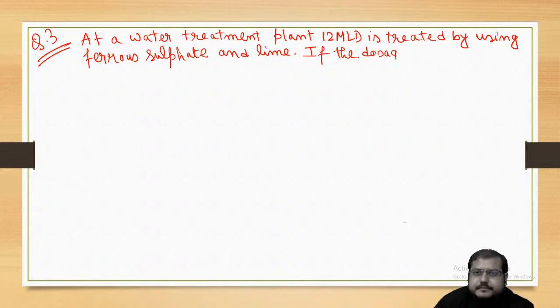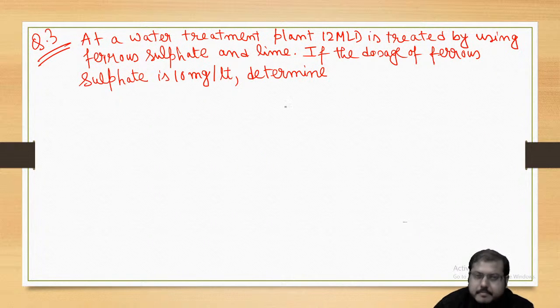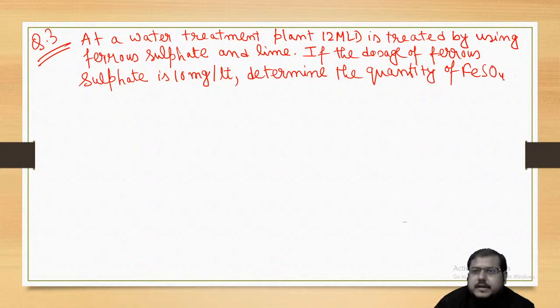If the dosage of ferrous sulfate is 10 milligram per liter, then determine the quantity of ferrous sulfate and lime required.